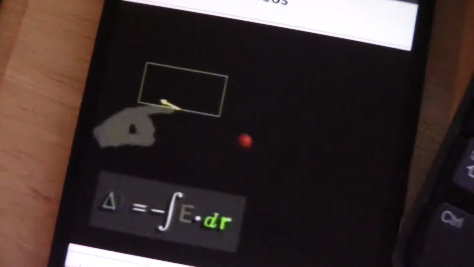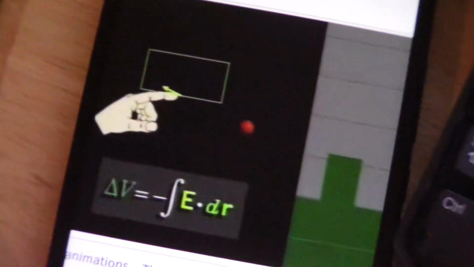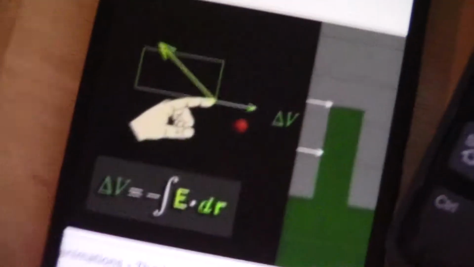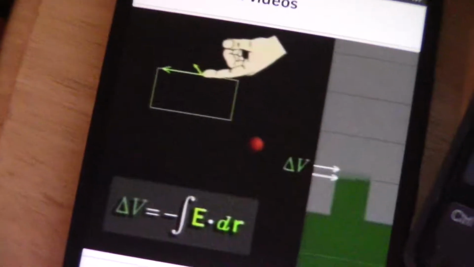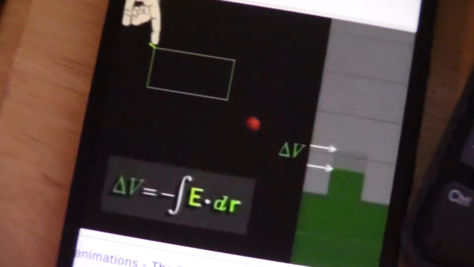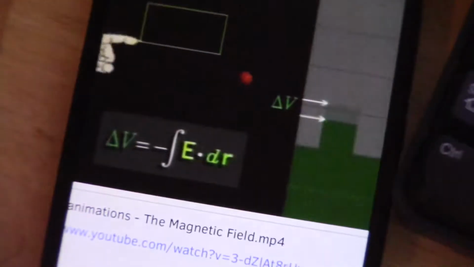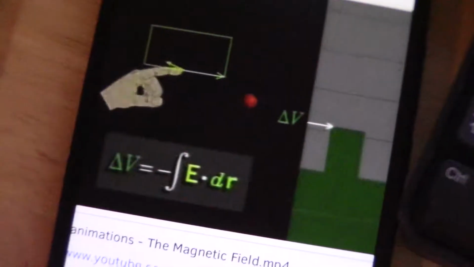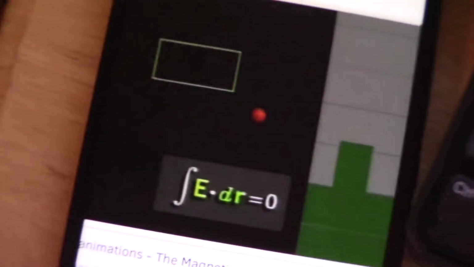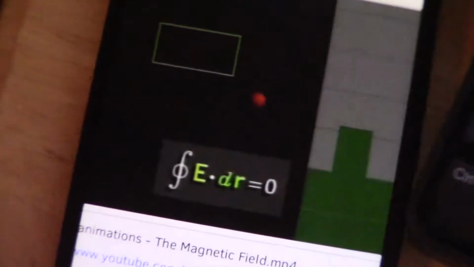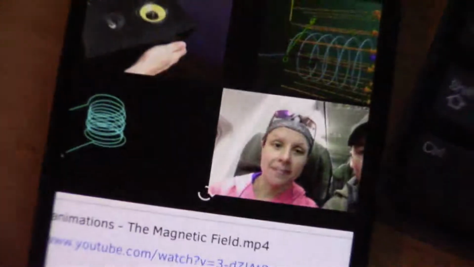Therefore, when starting from any point on any path and returning to the same point, the change in electric potential is always zero. Therefore, the line integral of the electric field around any closed path is always zero. This is a fundamental property of electric fields for static electric fields.